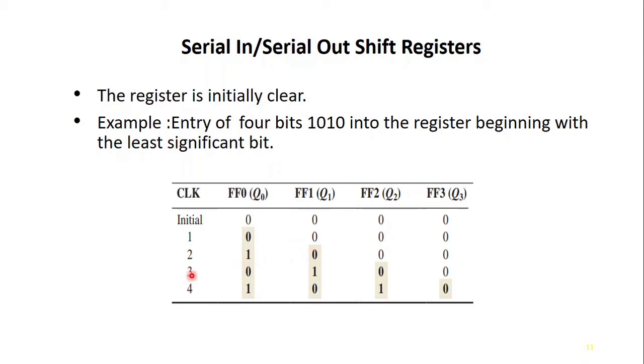The third bit, a 0, is now put onto the data input line, and when the clock pulse is applied, the 0 is entered into FF0 and the 1 stored in FF0 is shifted to FF1 and the 0 stored in FF1 is shifted to FF2, and the last bit, a 1, is now applied to the data input and the clock pulse is applied.